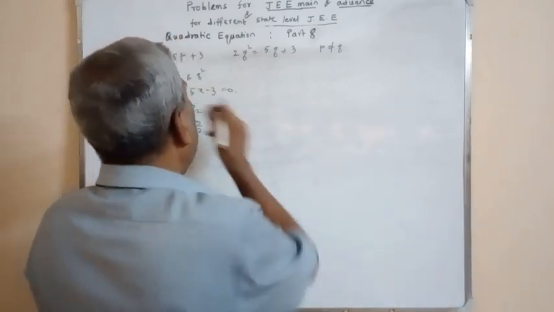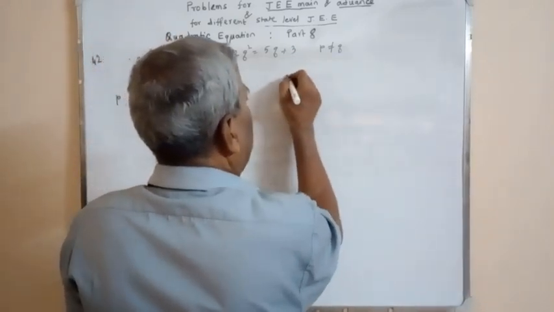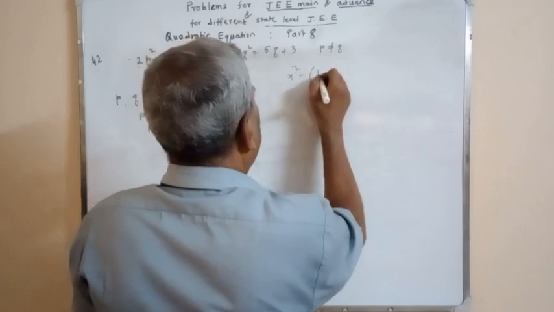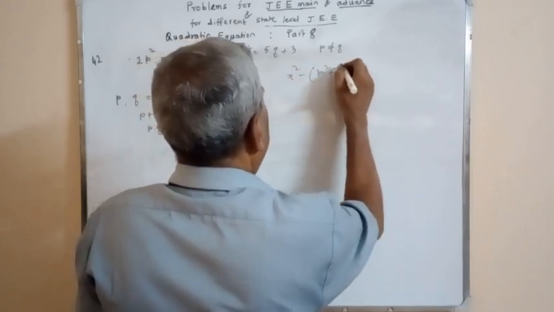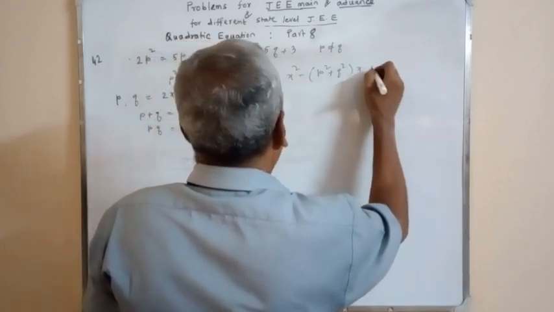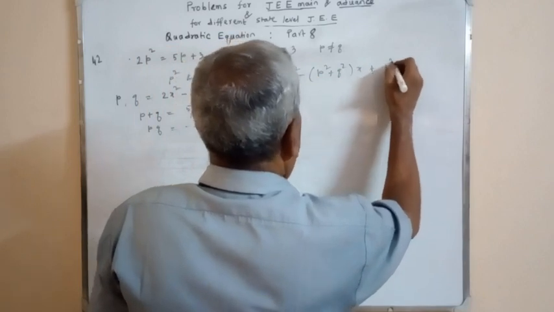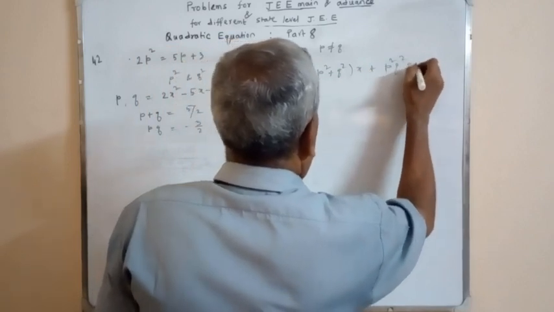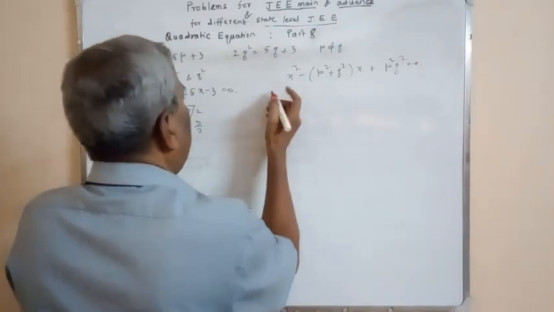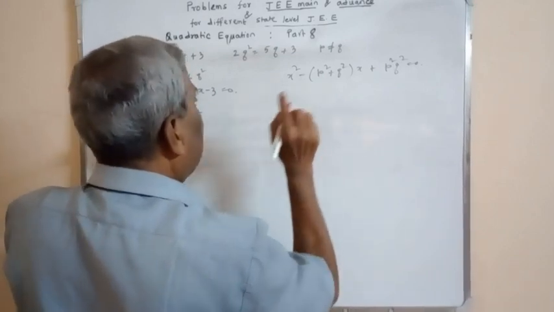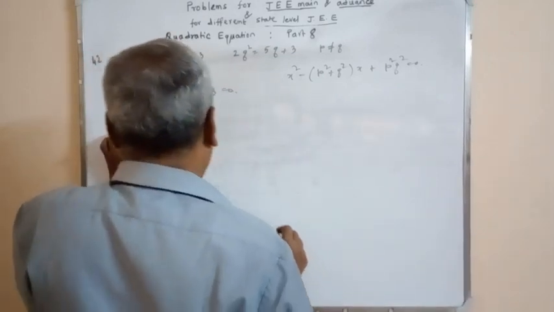We have to form an equation whose roots are this and that. That is x squared minus the sum of the roots into x plus product of the roots. We have value of p plus q and pq.